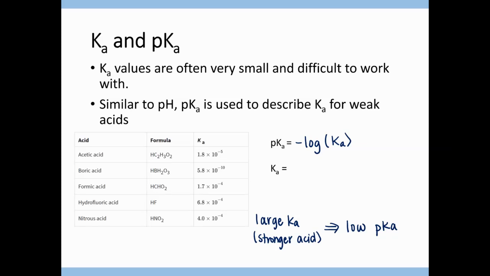So again, pKa values describe a specific acid molecule. pH is a property of a solution that can be altered by adding acid or adding base. pKa is a property of a specific acid molecule. You'll do a lot with pKa's in the fall when you take organic chemistry. But just like pH, if you have a low pH, that means acidic solution.